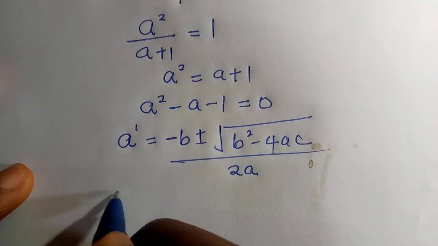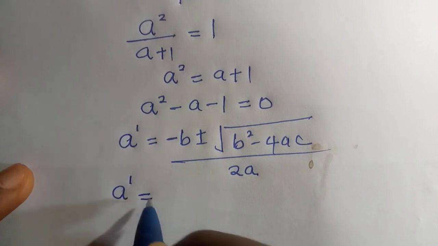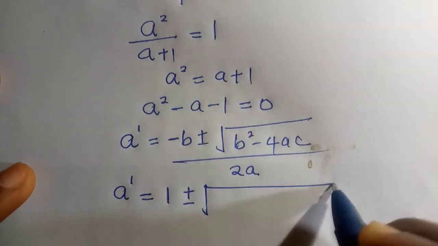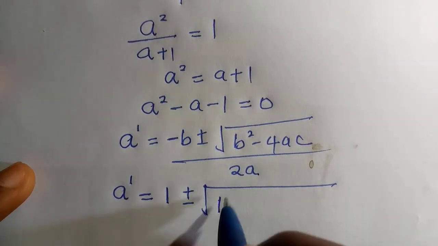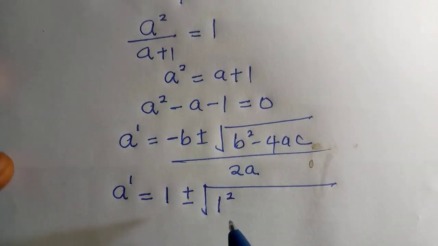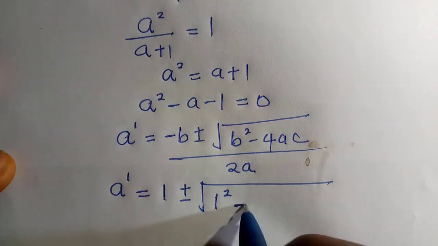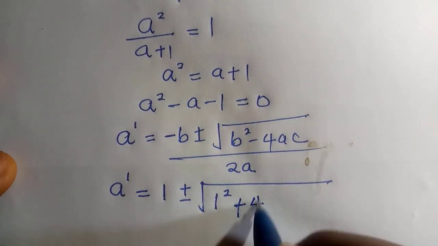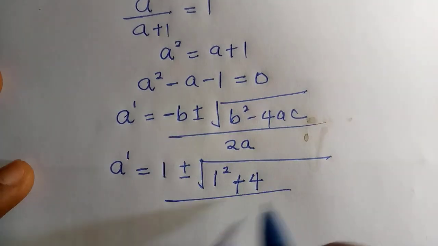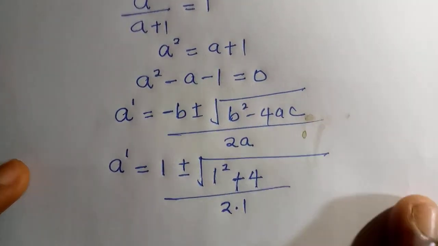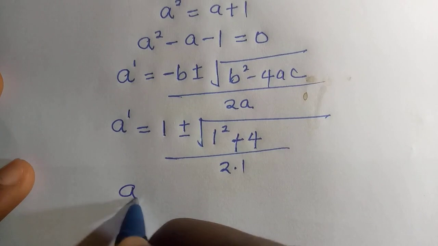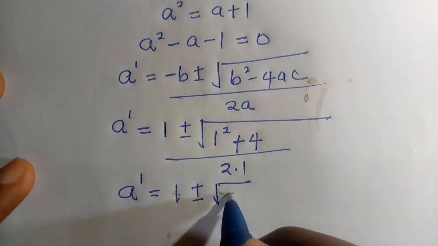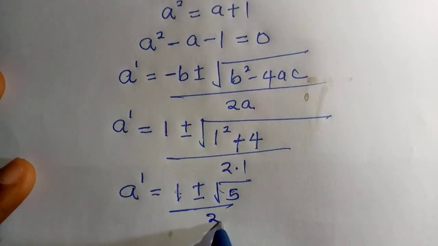So by substituting, we have a prime equals 1 plus or minus the square root of b squared, which is 1 squared, minus 4 times this, everything gives us plus 4, divided by 2 multiplied by 1, that is 2. So the whole of this gives us a prime equals 1 plus or minus square root of 5 divided by 2.